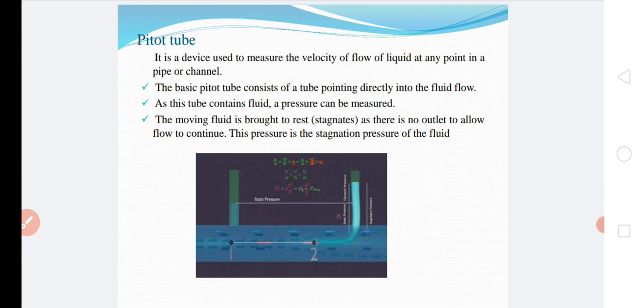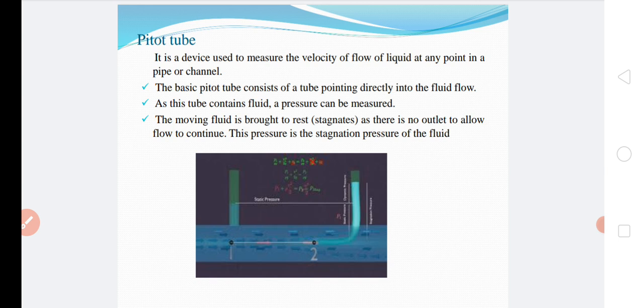As this tube contains fluid, a pressure can be measured. The moving fluid is brought to rest, that is it stagnates, as there is no outlet to allow flow to continue. This pressure is the stagnation pressure of the fluid.